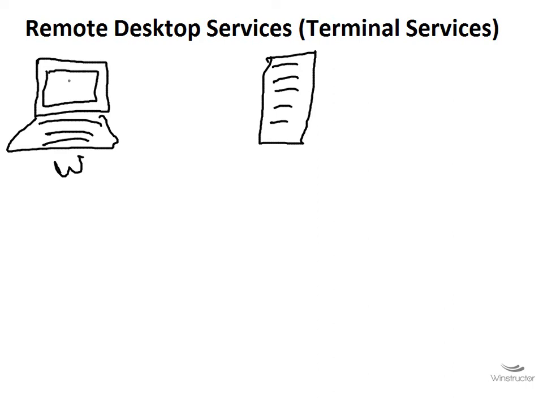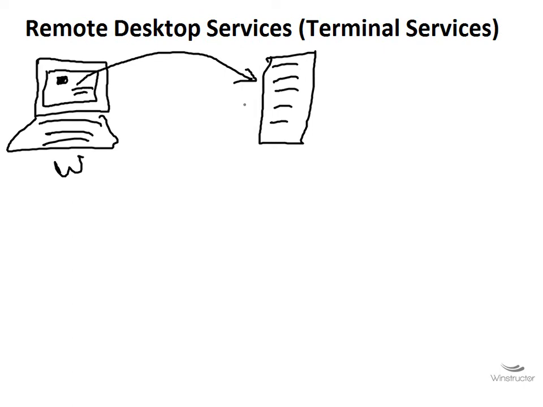So, on the client here, the user's going to fire up a remote desktop session to the remote desktop server, or perhaps they're going to double click on a special remote desktop icon to launch an application that runs on the server. So this application or desktop is actually running over here on our server, but the application appears to be running locally on the user's machine.